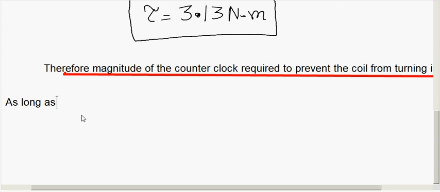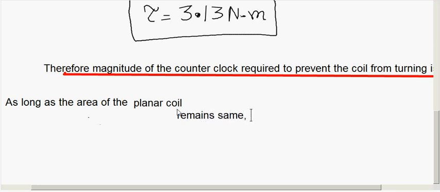As long as the area of the planar coil remains same, the torque on the coil also remains same.